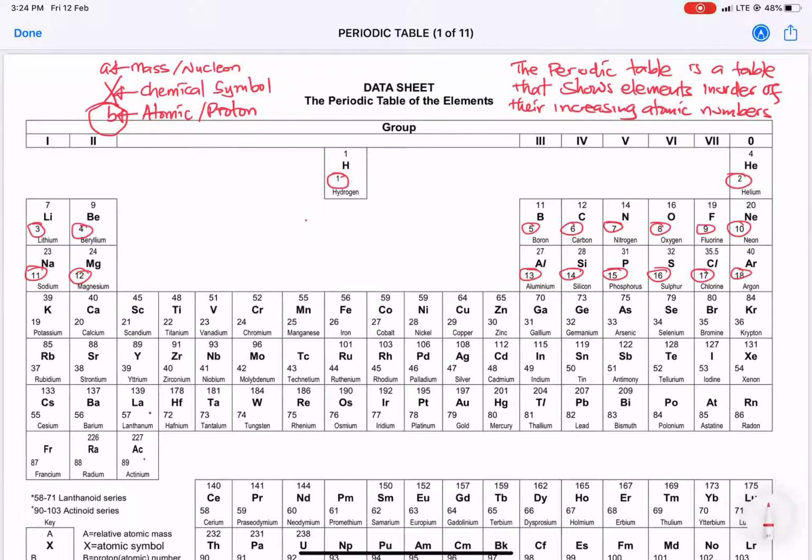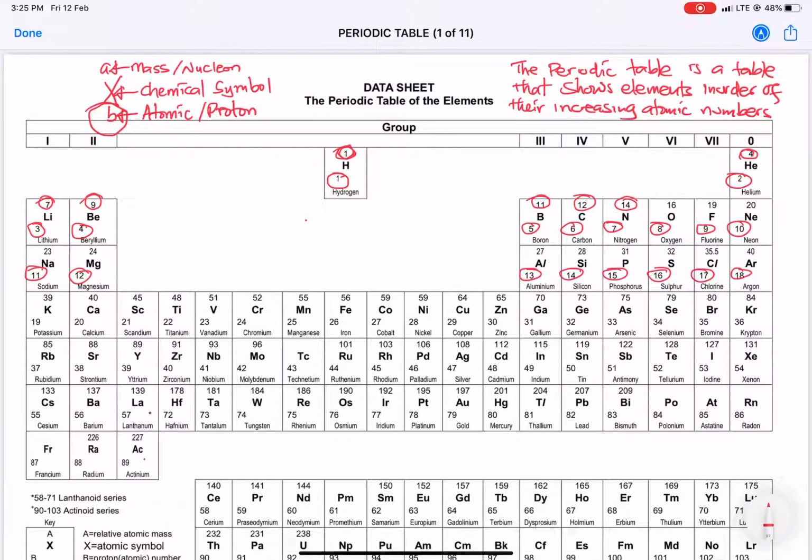Unlike the mass numbers, observe the mass numbers. Hydrogen has got 1. Then helium has got 4. Lithium has got 7. Beryllium has got 9. Boron has got 11. Carbon has got 12. Nitrogen has got 14.